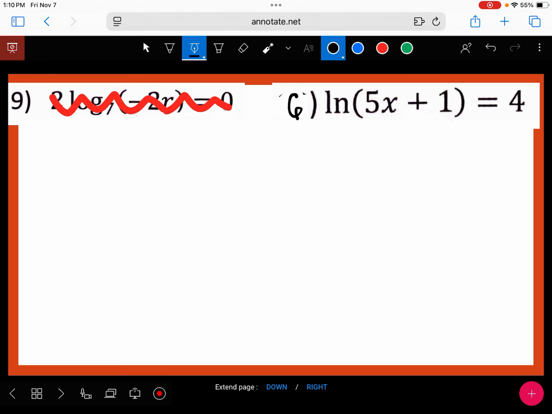We have to rewrite it. And what's the base of a natural log? E. So I'm going to say e to the power of what? What's my exponent? E to the power of 4. So e to the 4th equals 5x plus 1.